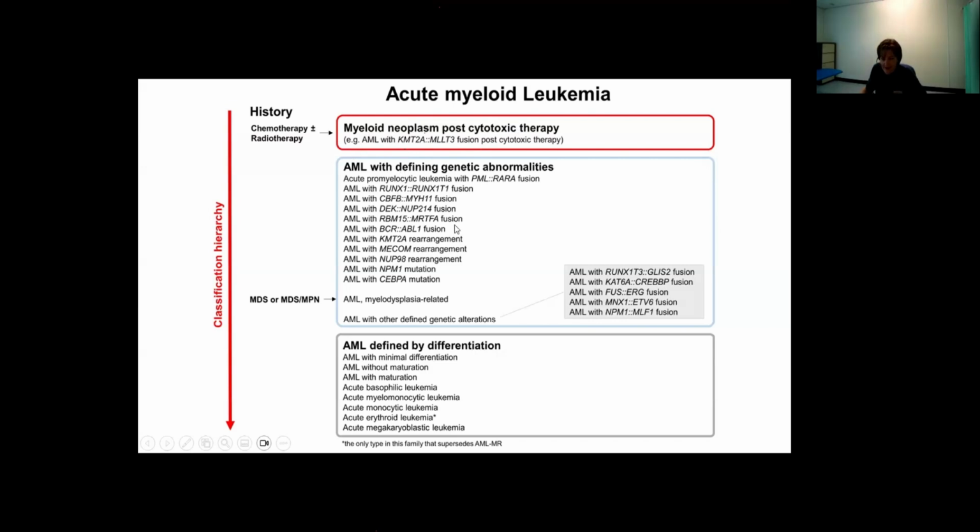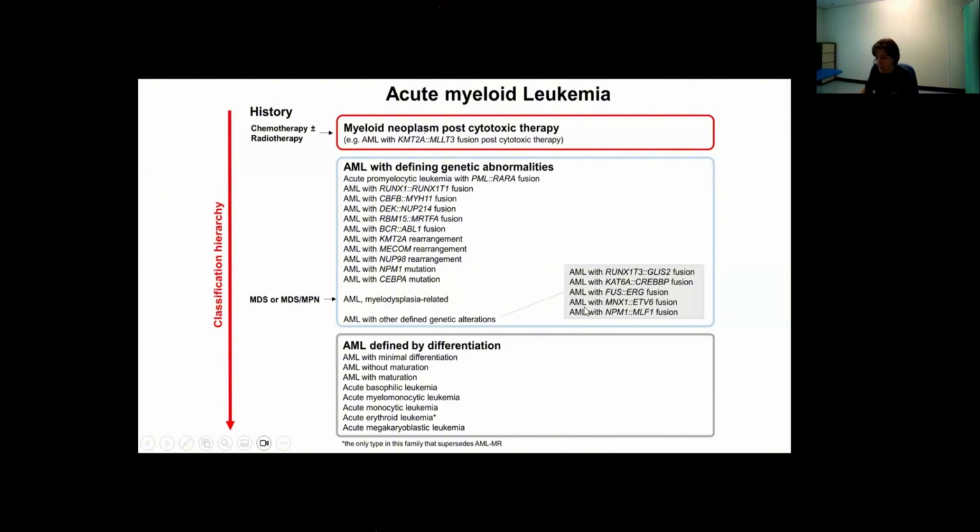Ideally, if you have access to the genetic testing, you then subclassify your leukemias into leukemia with that particular genetic rearrangement. There is a separate category for patients that have developed acute leukemia on a background of previously having had myelodysplasia.